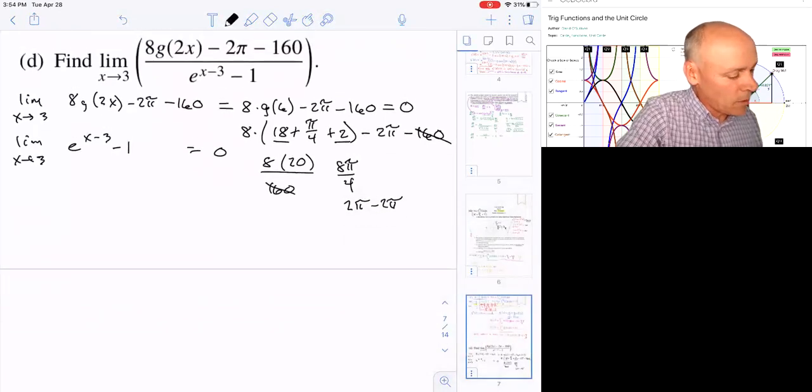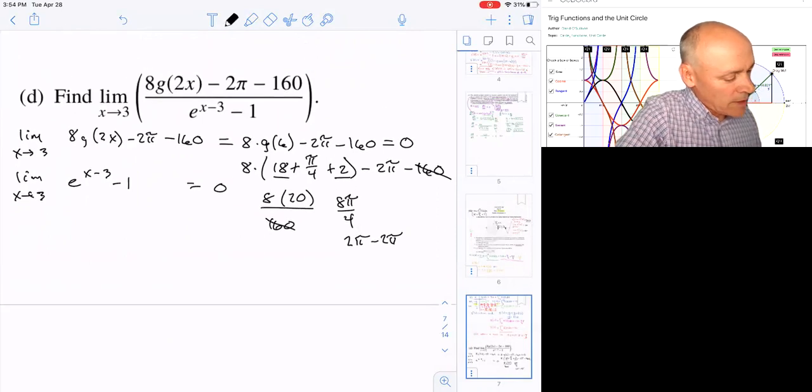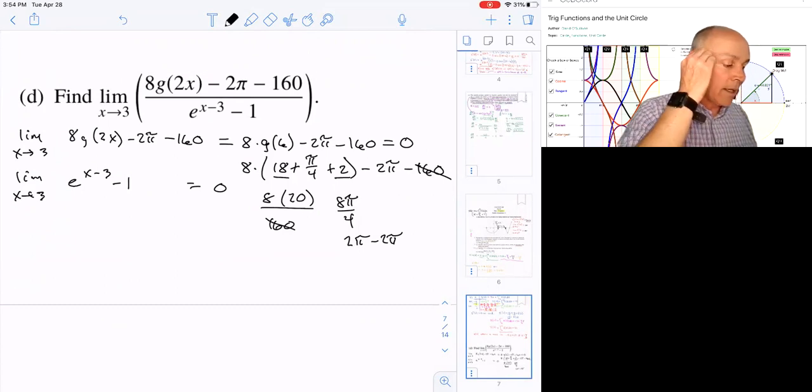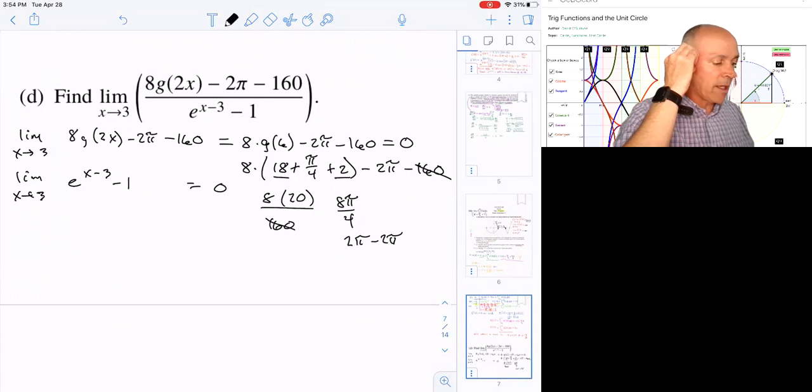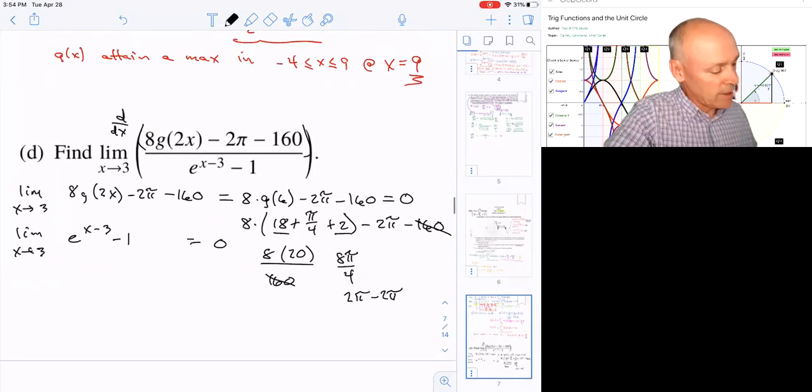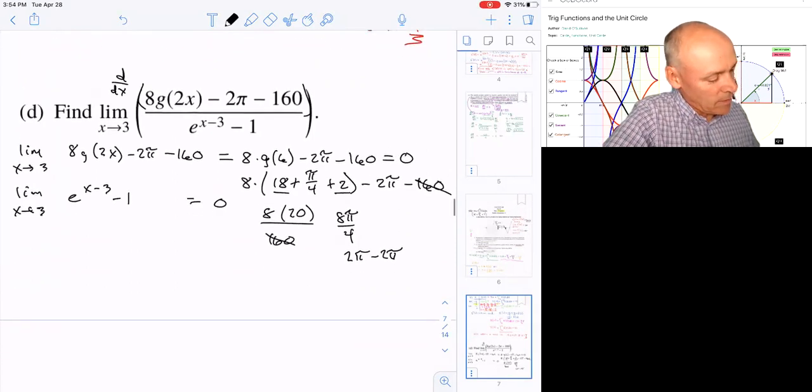So it's L'Hopital. I'm basically going to take the derivative of the numerator and the derivative of the denominator. So if I'm looking at d dx of the numerator, actually, I'll just kind of walk through it.